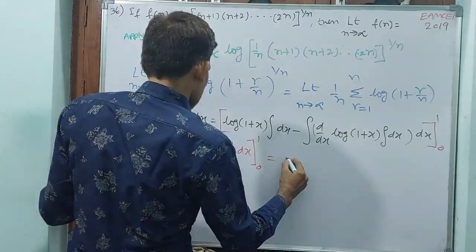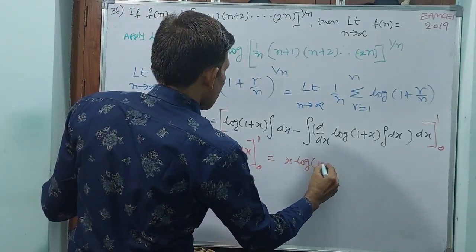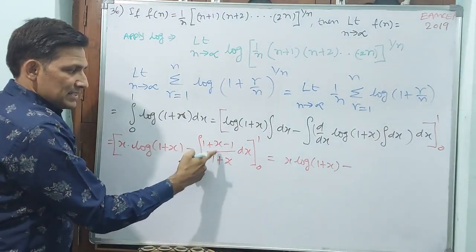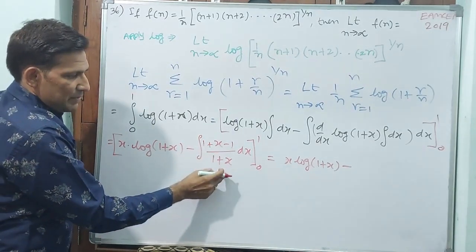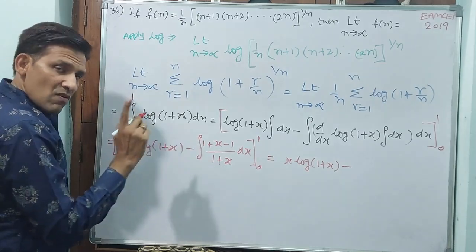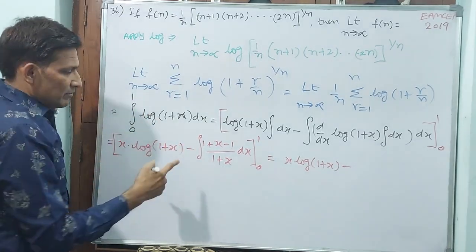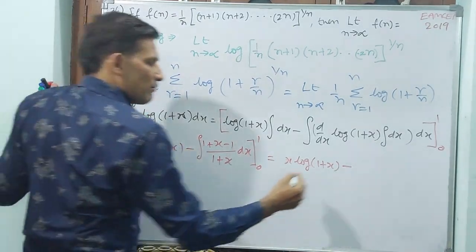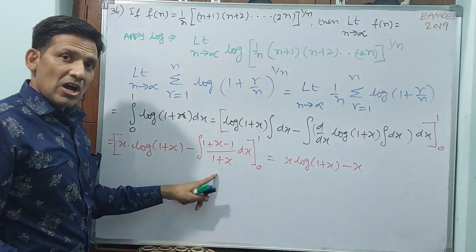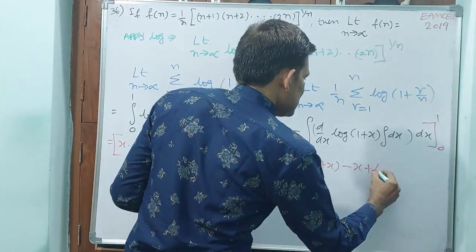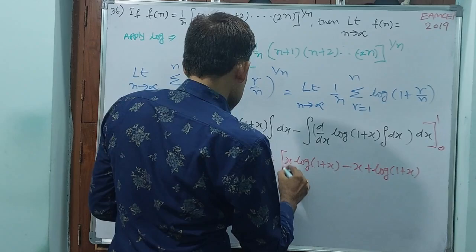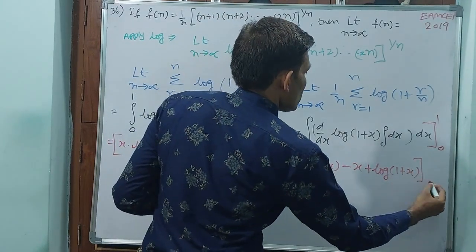That is equal to x log of 1 plus x minus, 1 plus x by 1 plus x is 1, dx, x will come, minus x, minus of minus plus log of 1 plus x. Now you apply these limits 0 to 1.